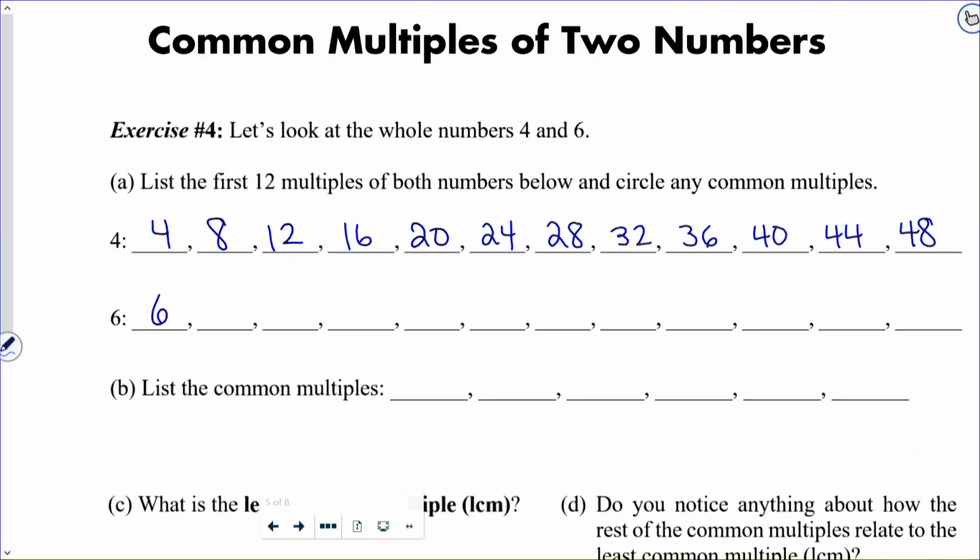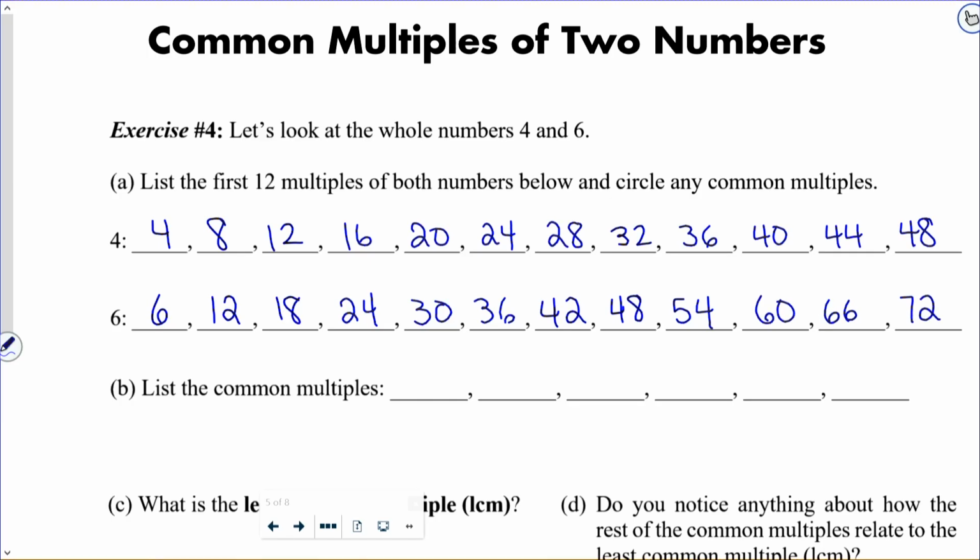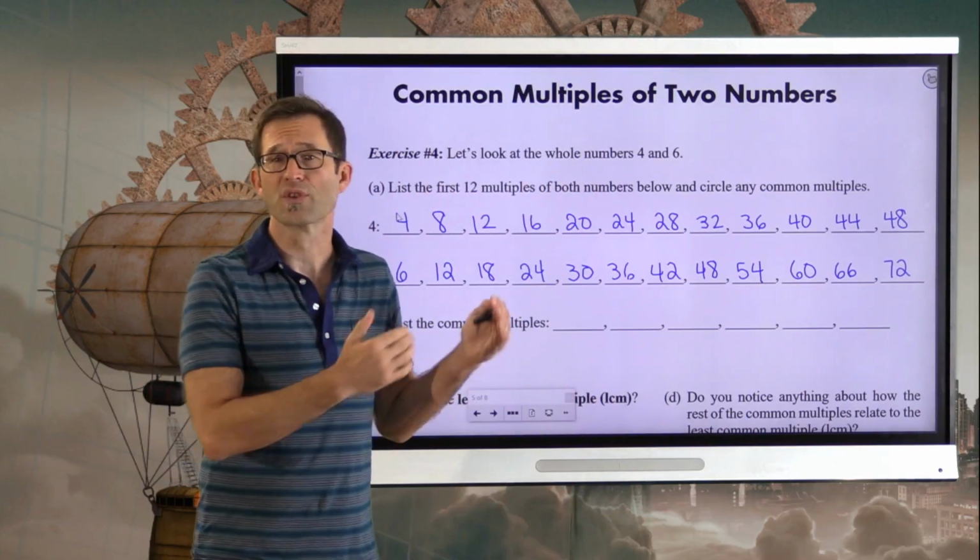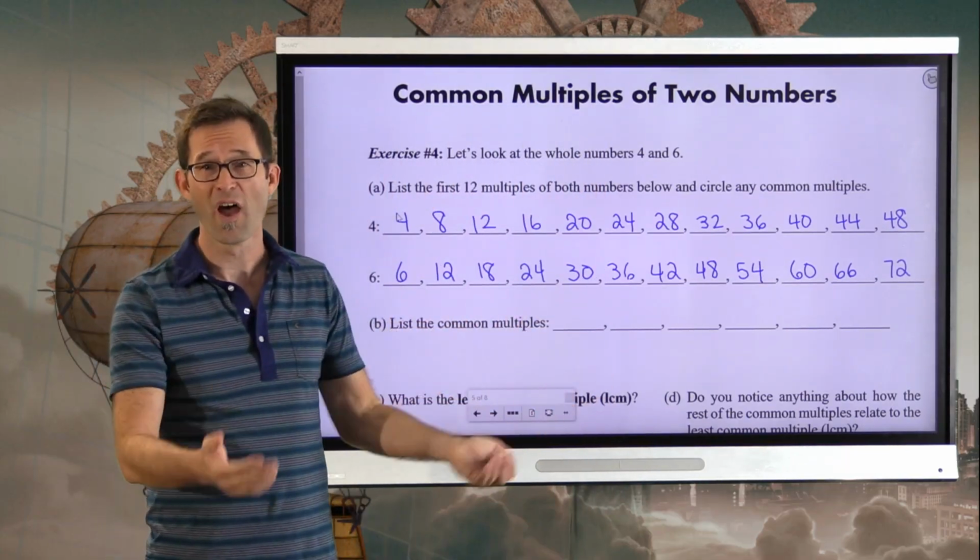Those are 6, 12, 18, 24, 30, 36, 42, 48, 54, 60, 66, and 72. Of course, multiples go on forever and ever and ever, right?